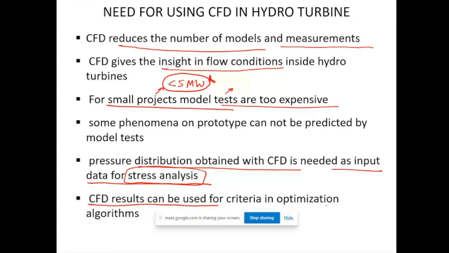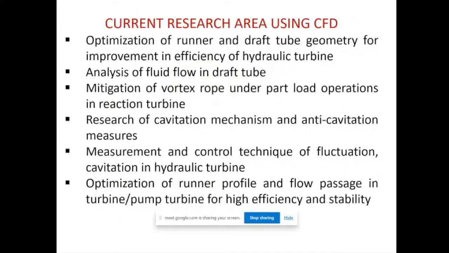What are the current research areas? One is optimization of the runner and draft tube geometry. Suppose any turbine was installed 40 years back, and has already passed its expiry date, and the performance of that particular plant is 85%. Once you go for refurbishment and modernization of that plant, you can go for runner profile optimization.